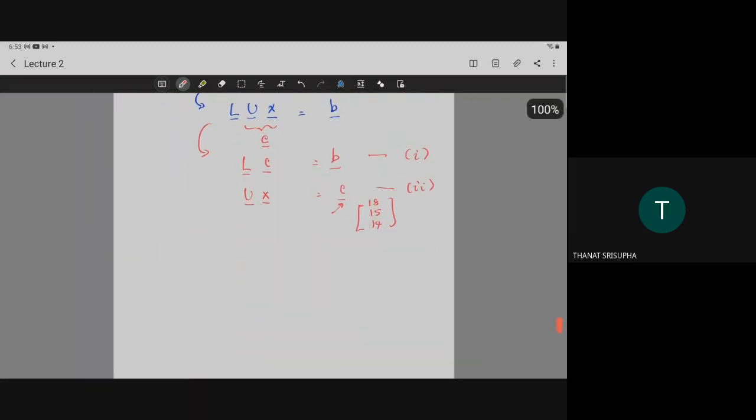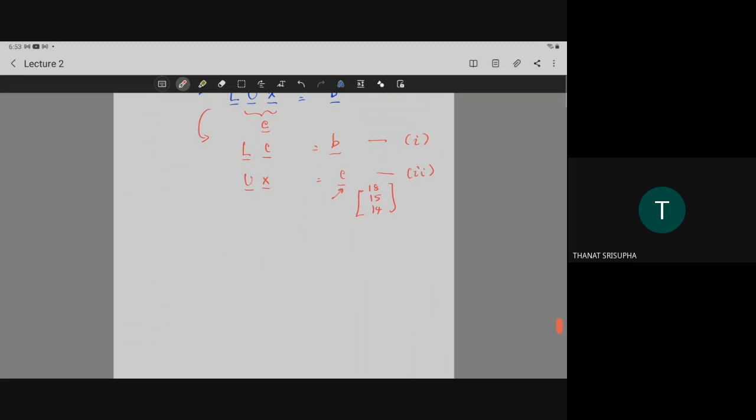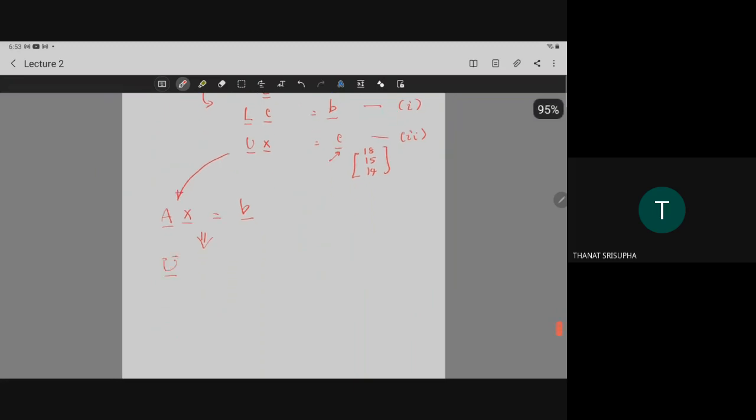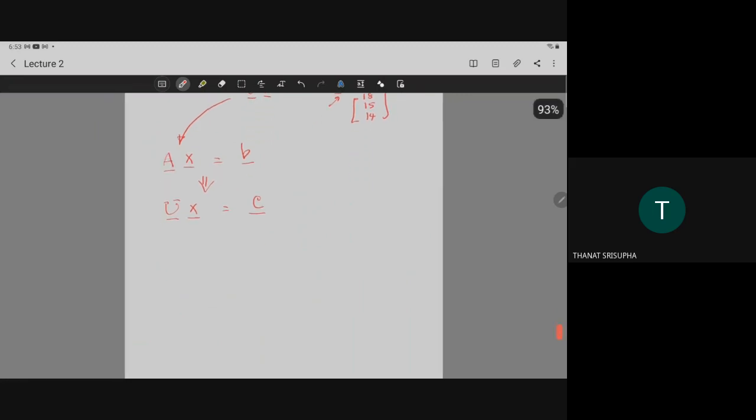So in this equation, what you do is you convert the equation Ax equals b into Ux equals c. And this is from the last stage that I showed earlier.